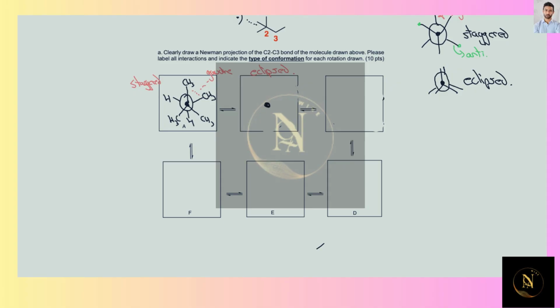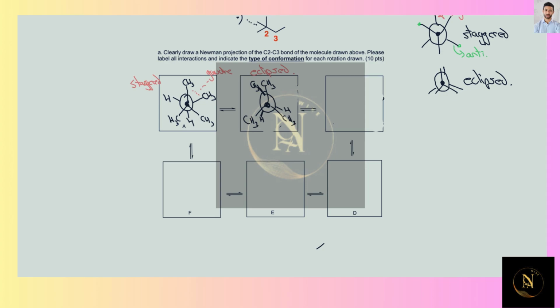So I'm going to keep the one on the front on the same position, and then I'm going to rotate the one on the back. So if we rotate the one on the back, now we're going to get our CH3 over here, we're going to have our hydrogen over here, and our hydrogen also over here.